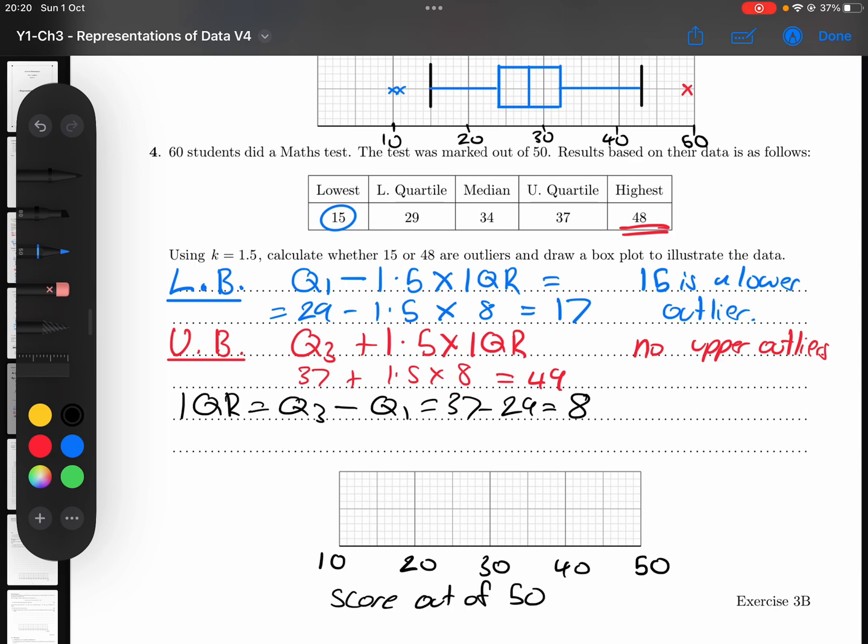And outliers first, I can see we've got at least one lower outlier of 15 here. And then we'll do our maximum and minimum values that are not outliers. So 50. Oh, sorry, I beg your pardon. Our highest observed value was actually 48.